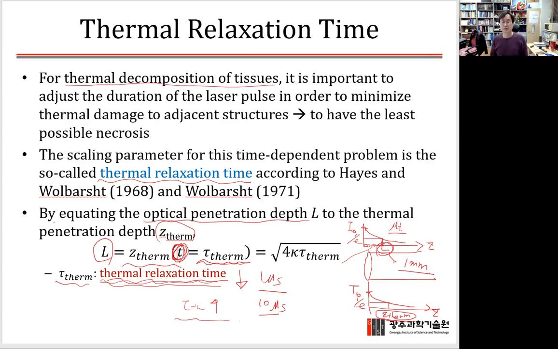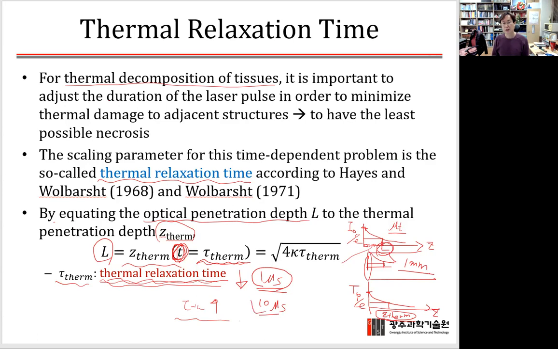So that means for the 1 microsecond case, after you give the laser exposure, 1 microsecond after the laser irradiation, the temperature at the 1/α position will reach 37% of the surface temperature.